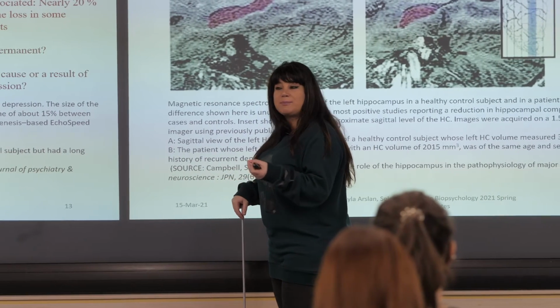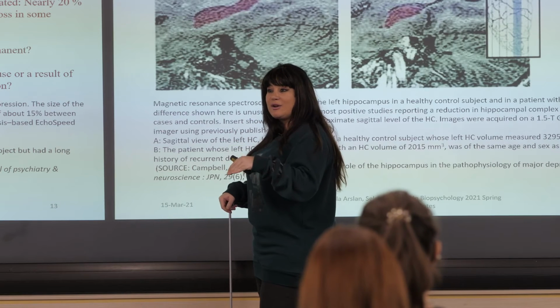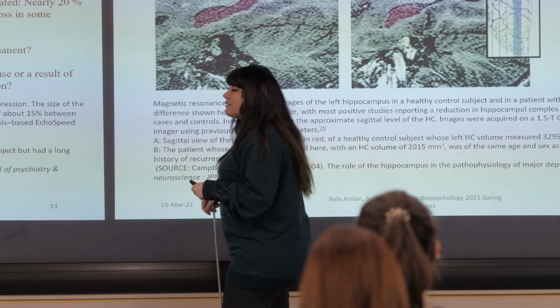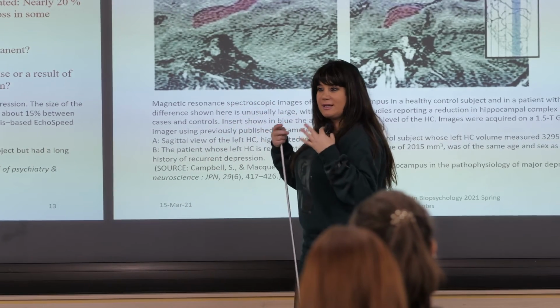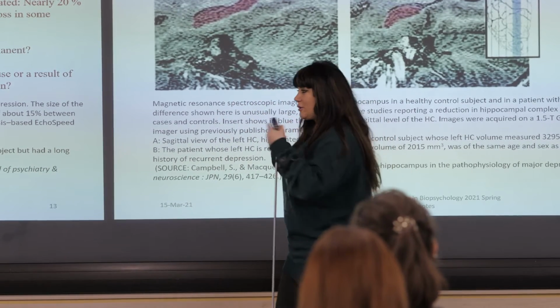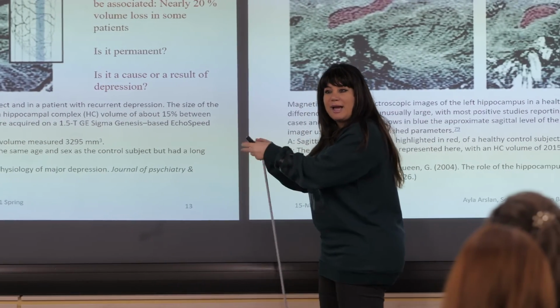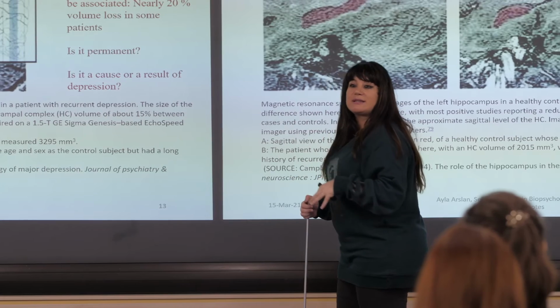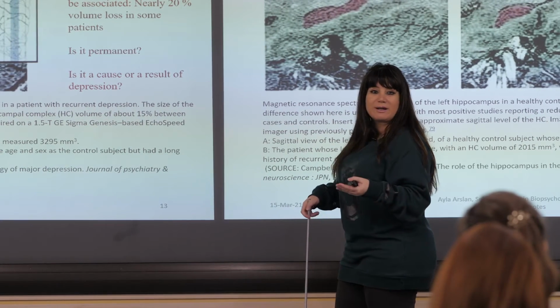That means people are depressed because their hippocampal volume is decreased? Or is it actually the result of the disease? Like people have some problems in the brain, and those problems will also end up decreasing the hippocampus. So is it the result or is it the cause? We don't know very well.